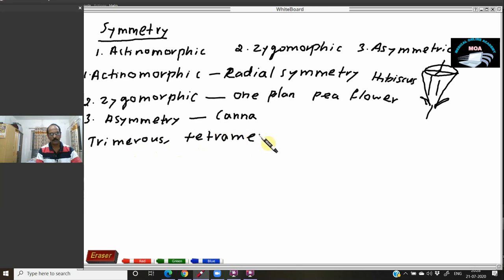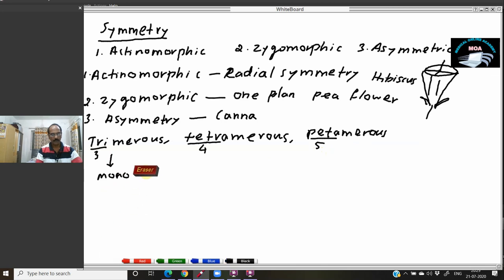Tri means 3, tetra means 4, and penta means 5. When the different parts of a flower are arranged in sets of 3, it is known as trimerous. All the monocotyledon flowers are trimerous. Monocot plants have trimerous flowers.